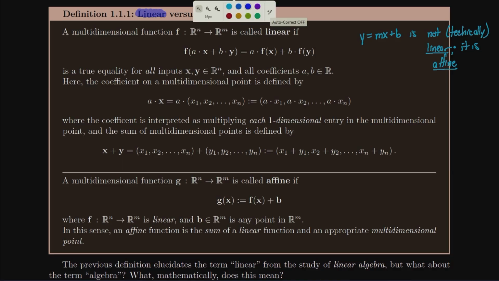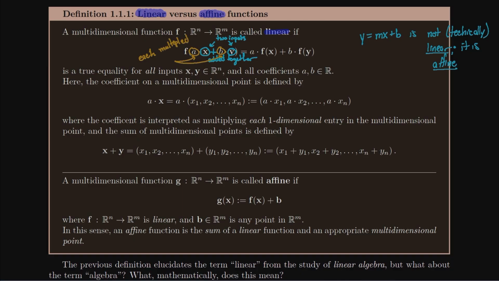So a linear function is going to satisfy that if we decide to take two inputs added together, and each multiplied, the output ends up being two outputs added together, each multiplied by the same multipliers as the inputs.